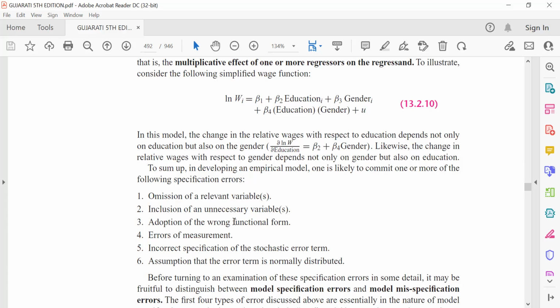Number 3 is using a wrong functional form. For example, our data is linear, but we estimate a non-linear model. The fourth one is error of measurement. And number 5, incorrect specification of the stochastic error term. Number 6, the assumption that the error term is normally distributed.